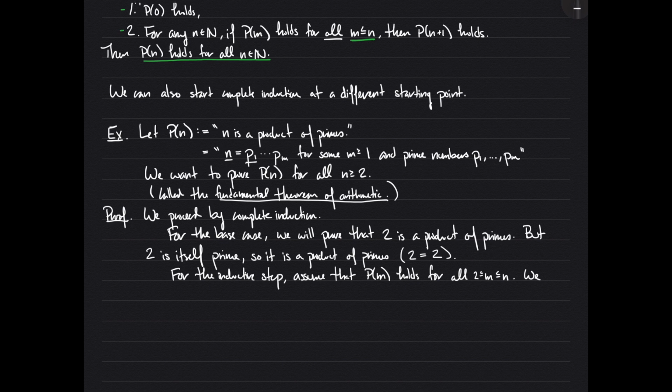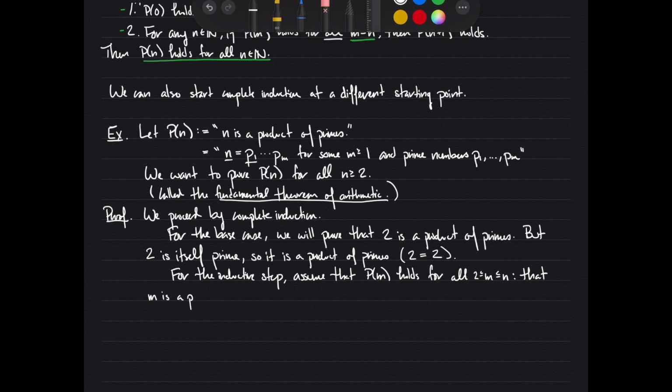Now we want to show, actually let me write what P of m is in words. So let's write that m is a product of primes for all m between 2 and n.